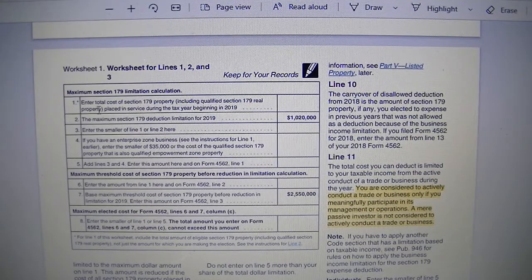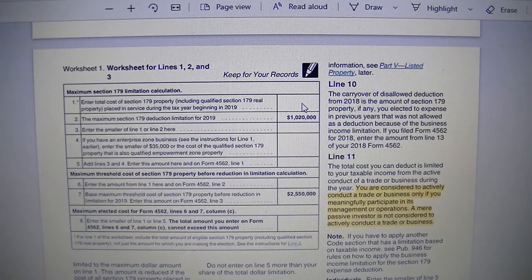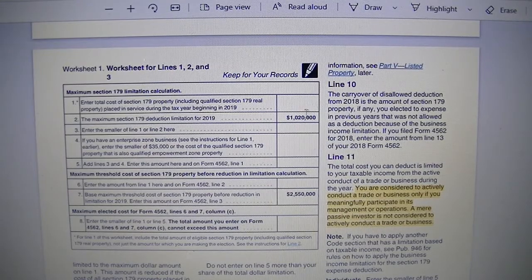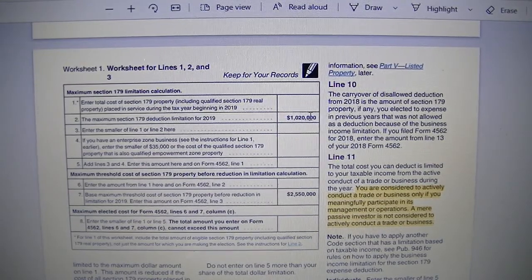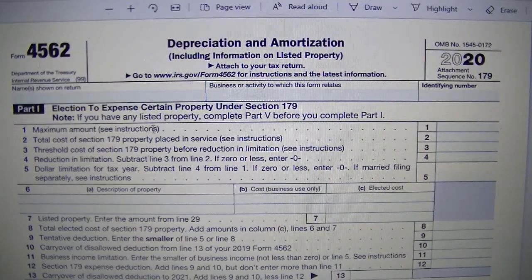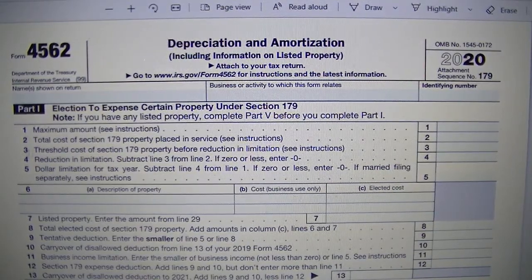So enter the total cost of 179 property. So you'll put the total cost of all the assets you want to claim Section 179 for. It will go on line 1 here, and the smaller of the maximum 1,040,000 for 2020 and that amount will go on line 3. And for line 2, you'll just put the total cost of all the assets.